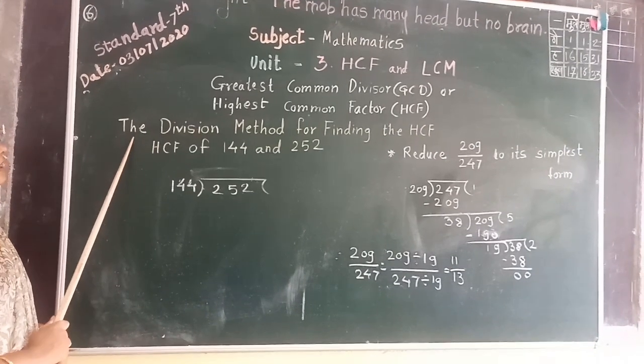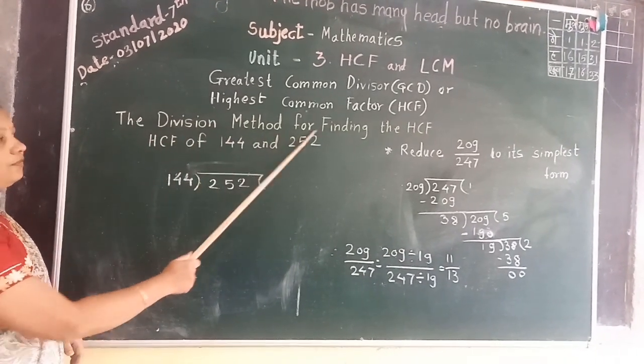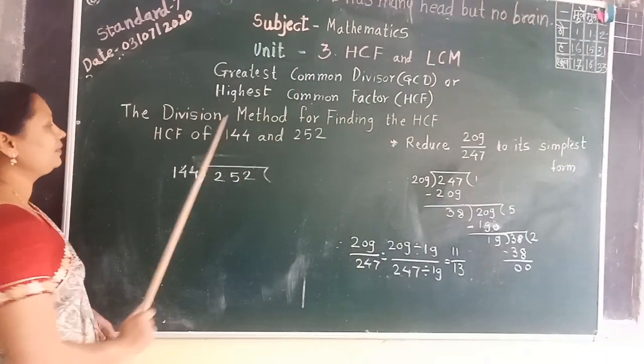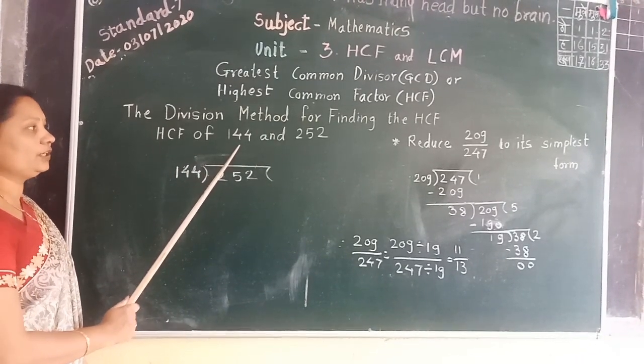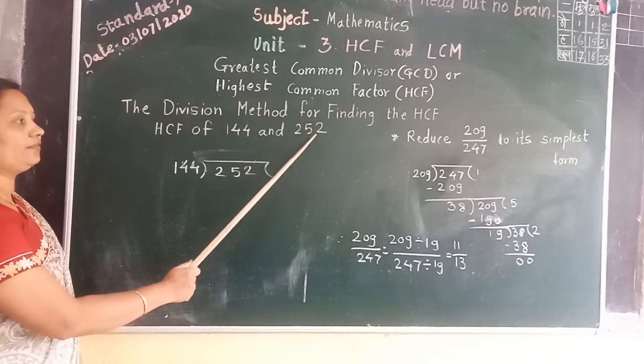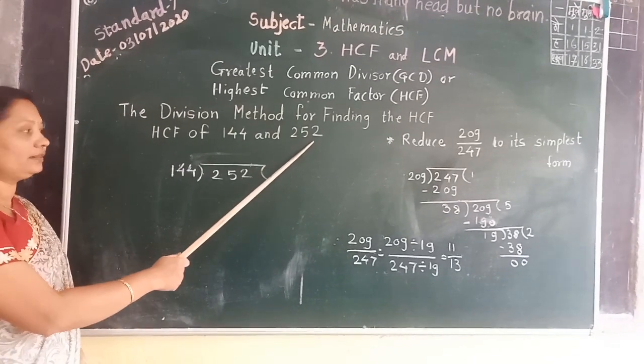The next method is the division method for finding the HCF. Let's find the HCF of 144 and 252 by the division method.